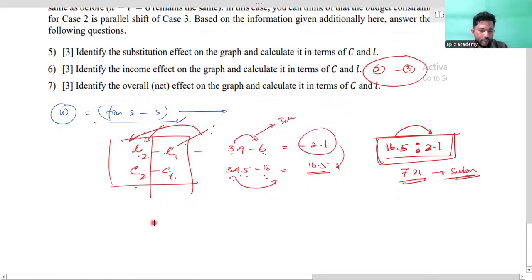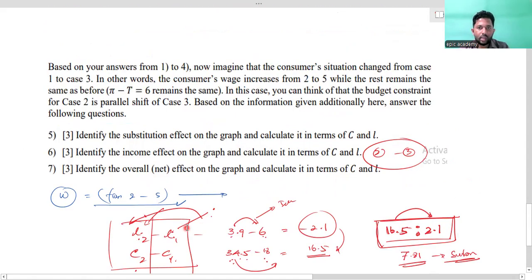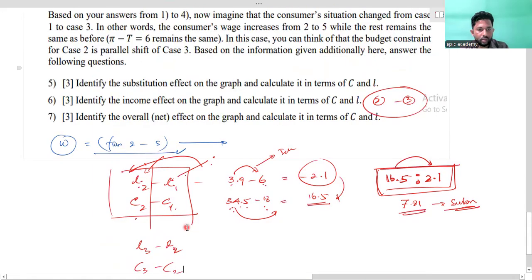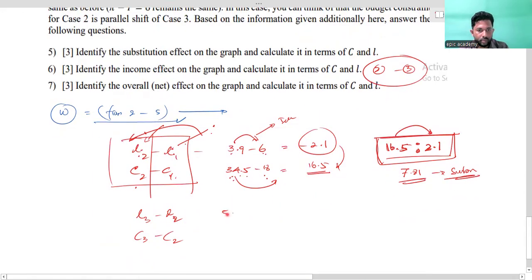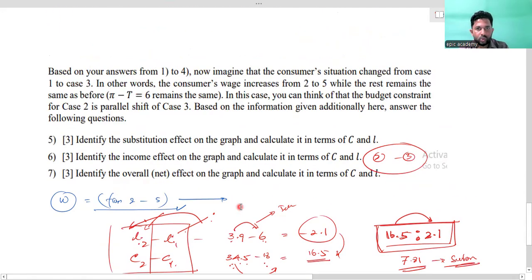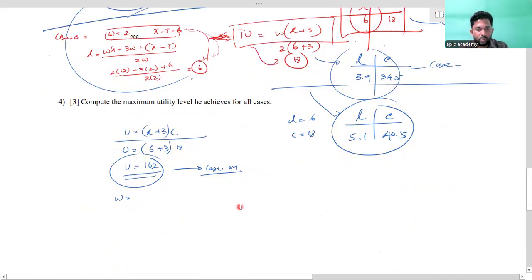Just identify case number 3. I mean L3 minus L2 and C3 minus C2. L3 is 5.1, L2 is 3.9.